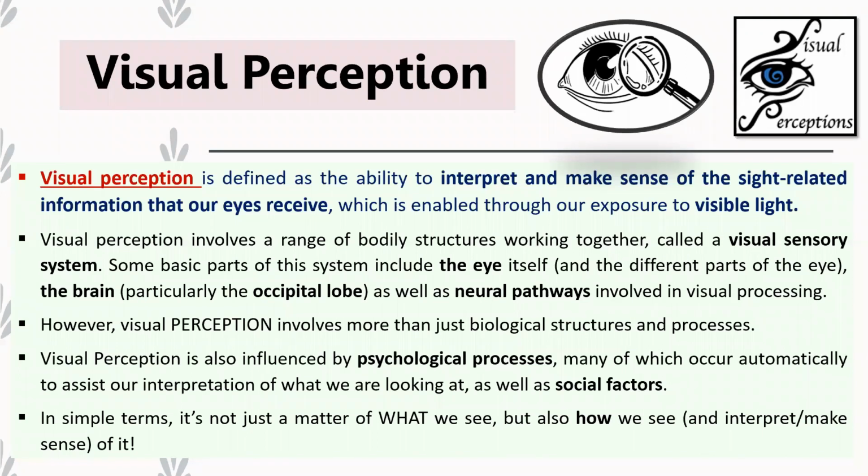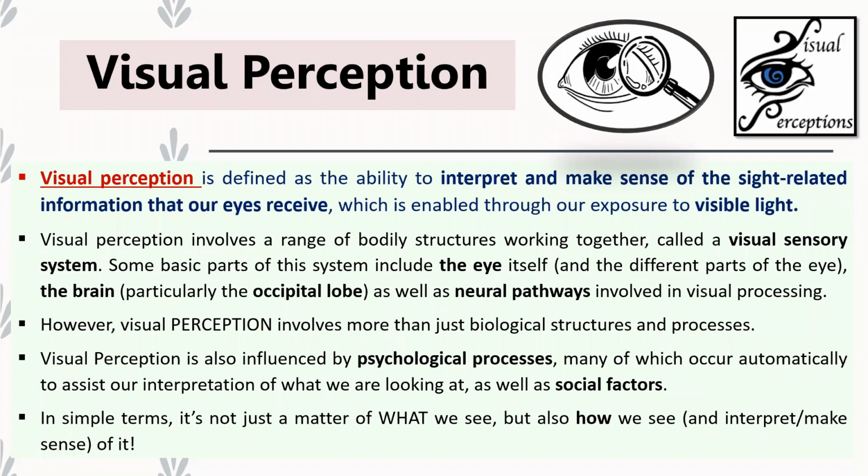So when we're talking about visual perception, as we're going to look at later in this chapter as well, it's not just a biological process, it is a psychological process as well. And on top of that, it is a social process as well. Okay, so we're going to be trying to understand how the way that we make sense of things is influenced by social factors, for example, where we live, what we're used to seeing.